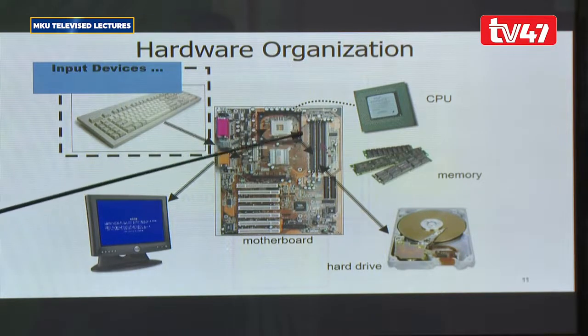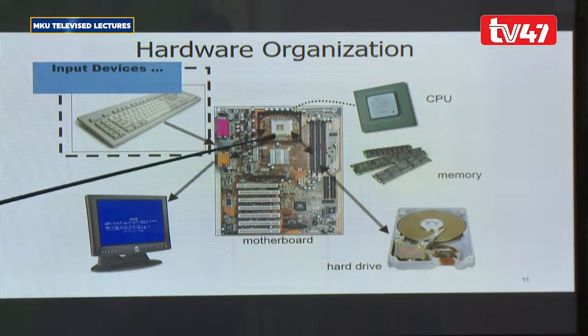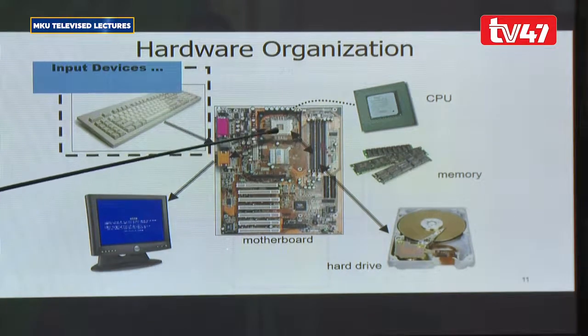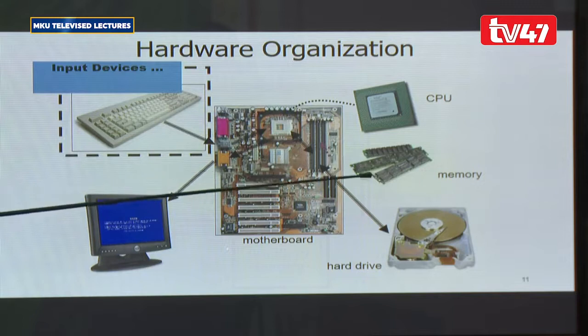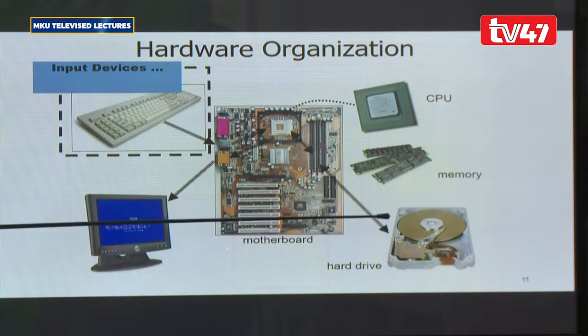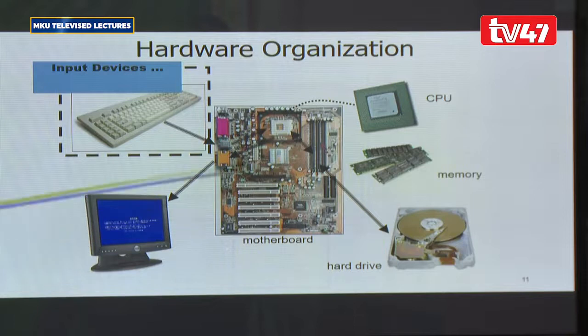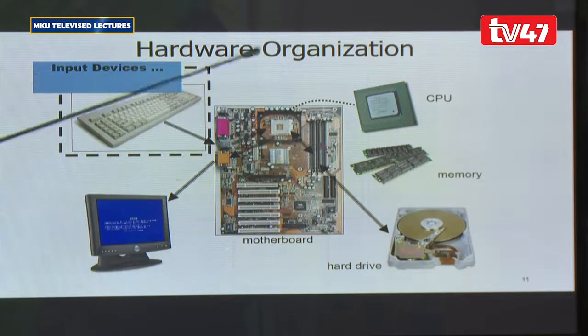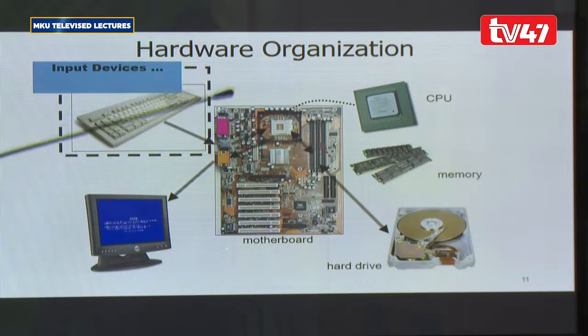You can see this is the CPU. A CPU then processes the information from the RAM. These are RAM. This is the hard drive. A hard drive can be defined as a read-only memory because it stores information permanently.